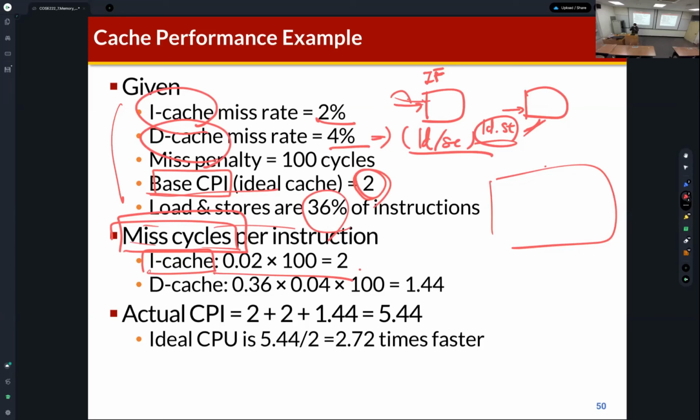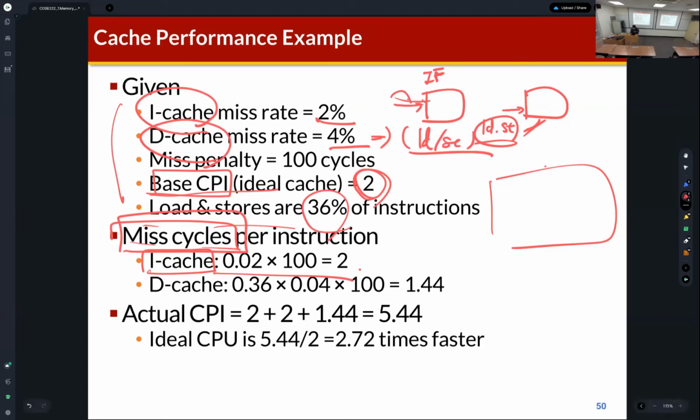Every instruction needs to access the instruction memory for fetching the instruction, so 100% of instructions access the instruction cache, and the miss rate is 2%.